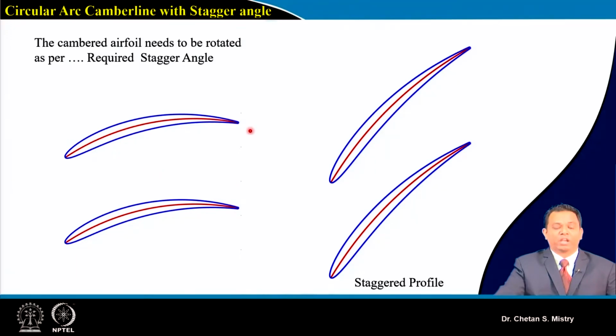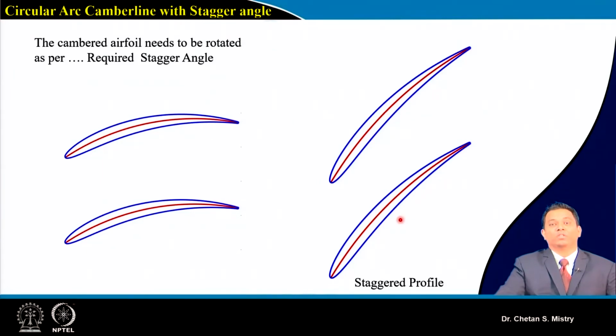Suppose this is at my hub, I can set the stagger angle. We will discuss all these aspects when we discuss the design in detail, including how we determine the coordinates of these blades.